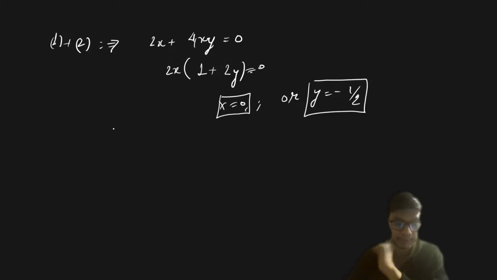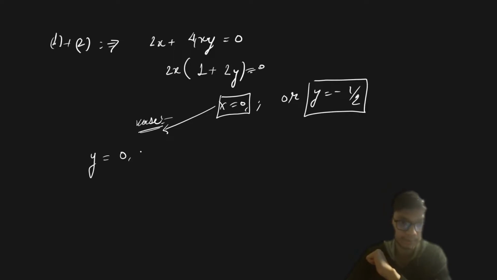So if I have one case where x equals to 0 and I put it back into this equation, I will get y either is equal to 0 or 1. So that will give me the complex number either 0 or iota.